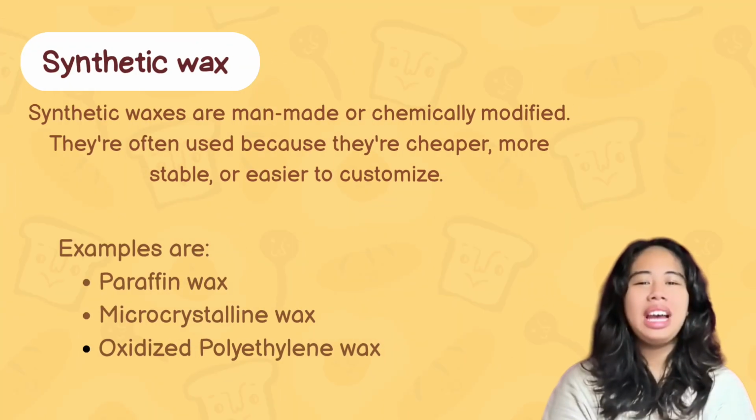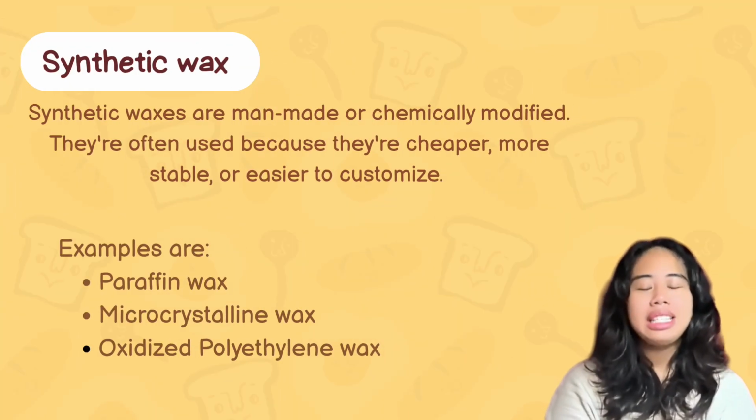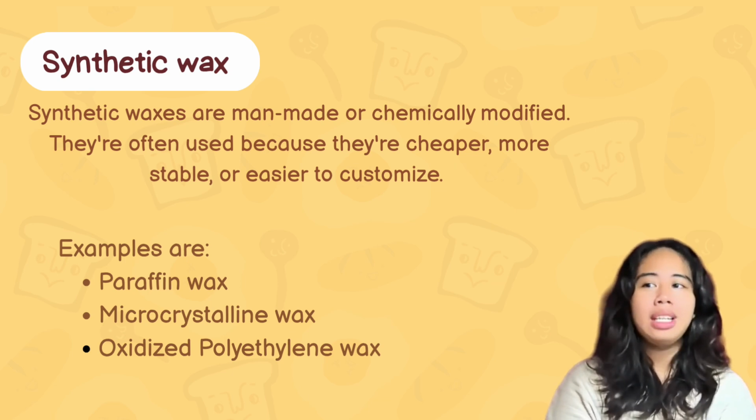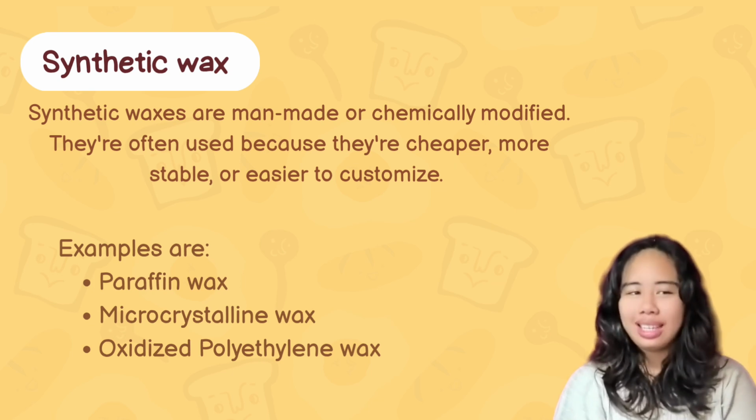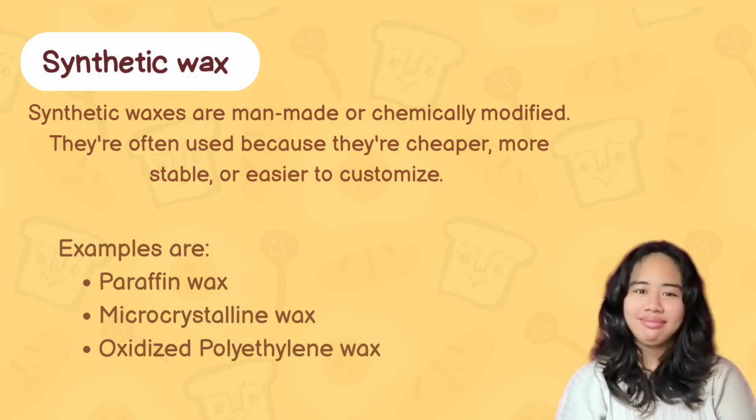Moving on, we have synthetic waxes. These are often man-made or chemically modified. They are often used because they're cheaper, more stable, and easy to customize. For synthetic waxes, we have paraffin wax, microcrystalline wax, and oxidized polyethylene wax.